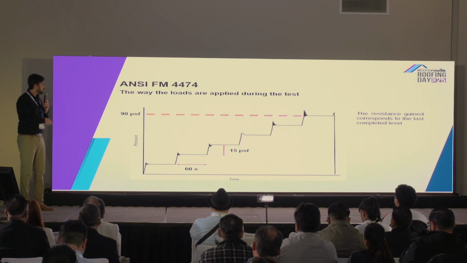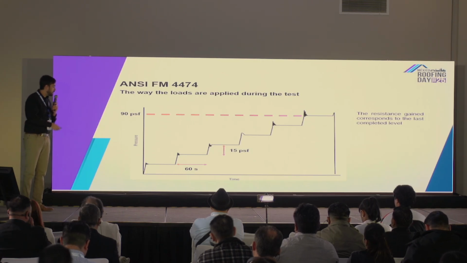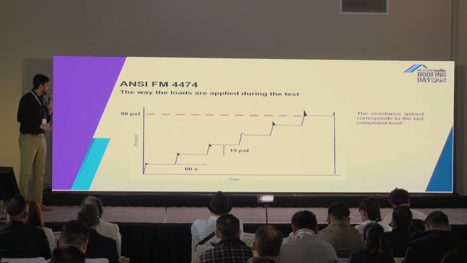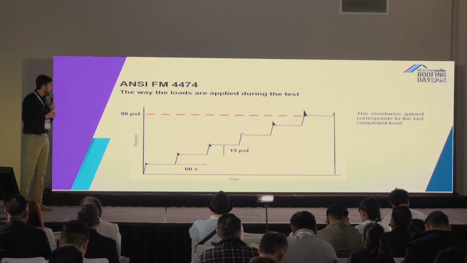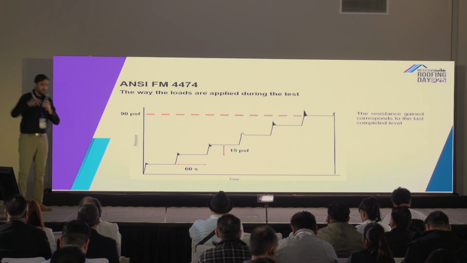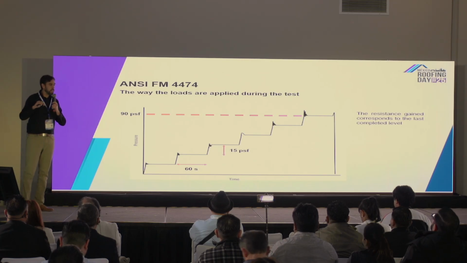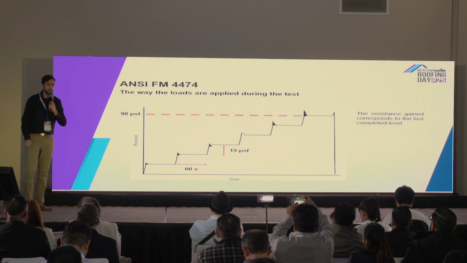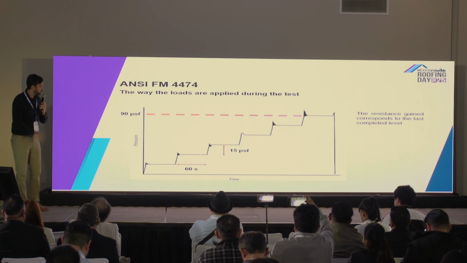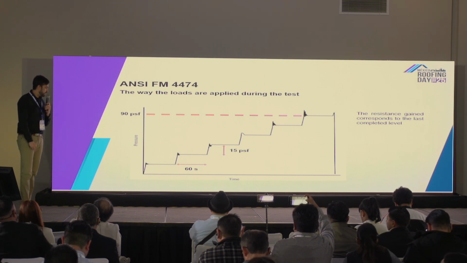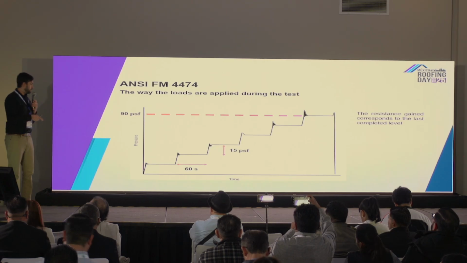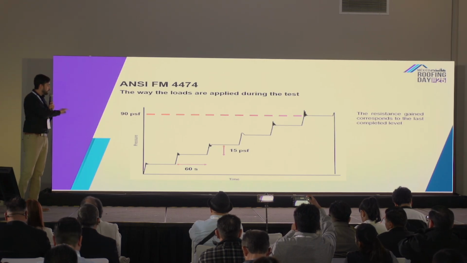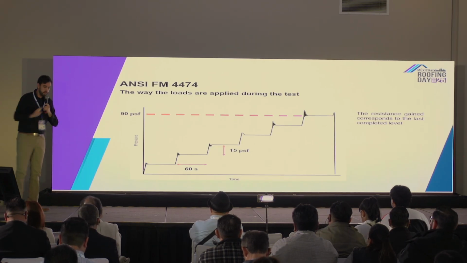So how it works, if we look at this chart, is that for the test, you start at a pressure that is 0. It's going to go up to 15 psf. So psf is pound per square foot. In kPa, I can do the conversion right away, but you would do 15 psf for a minute.